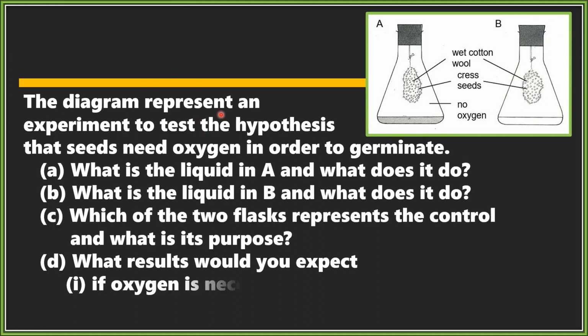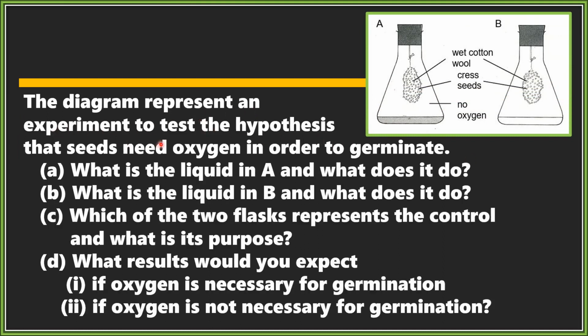The diagram represents an experiment to test the hypothesis that seeds need oxygen in order to germinate. A. What is the liquid in A and what does it do? B. What is the liquid in B and what does it do?